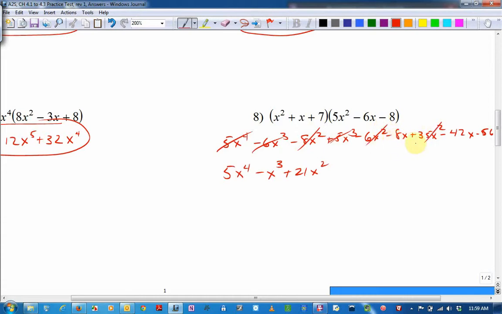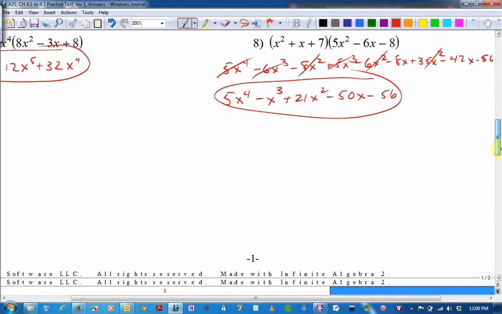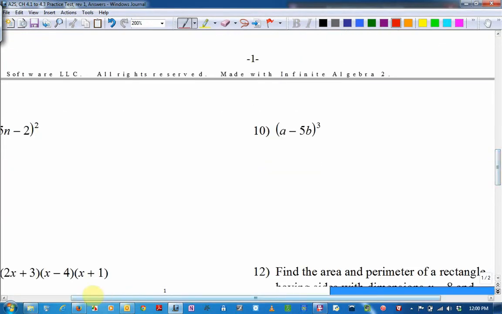Now I have a minus 8x minus 42x, that would be minus 50x plus 56. Actually, that's a minus 56 out there. I think that's it for that page. Let's go to the next page.